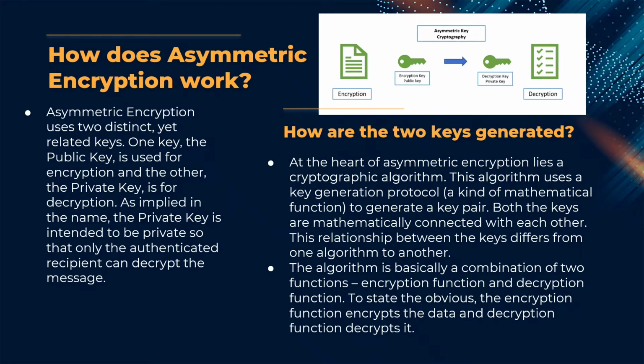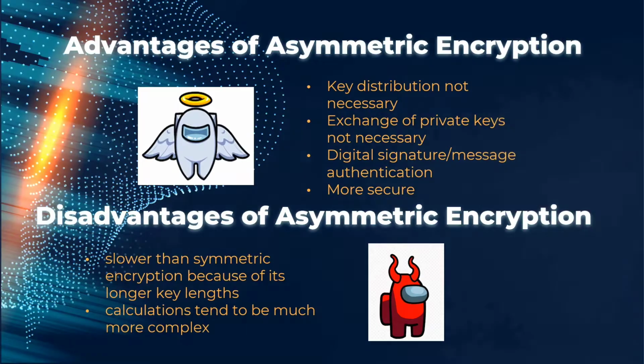The algorithm is basically a combination of two functions, an encryption function and a decryption function. To state the obvious, the encryption function encrypts the data and the decryption function decrypts it.